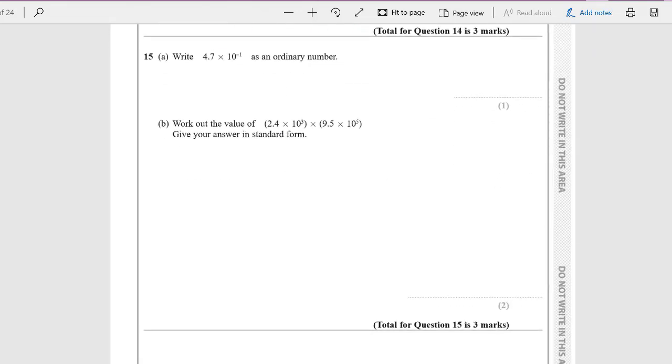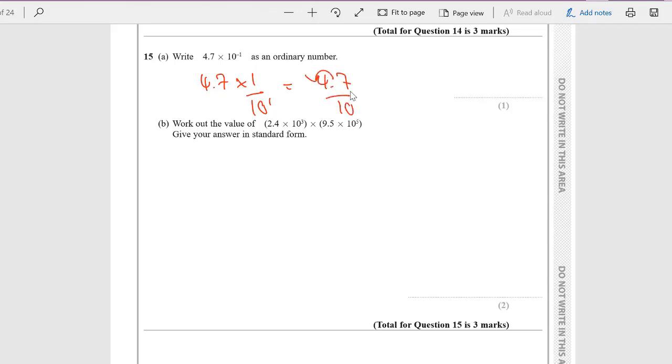Question 15, it says write 4.7 times 10 to the power of minus 1 as an ordinary number. So this is times 10 to the minus 1. So 4.7 can be written as that, which will equal 4.7 divided by 10.